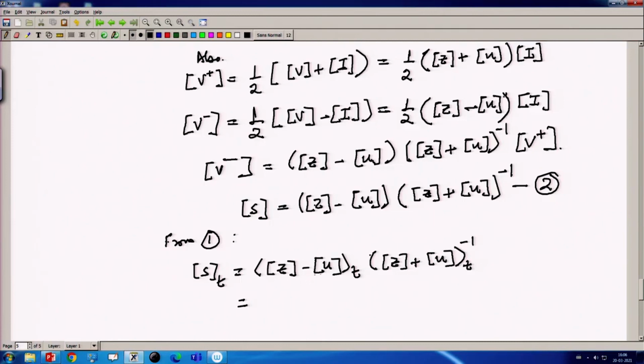These matrices, the Z matrix and the U matrix, are symmetrical matrices. So, therefore, the transposes of these matrices are equal to the original matrices.